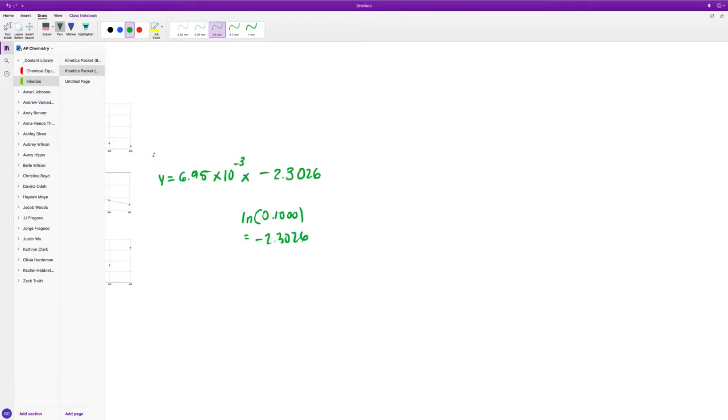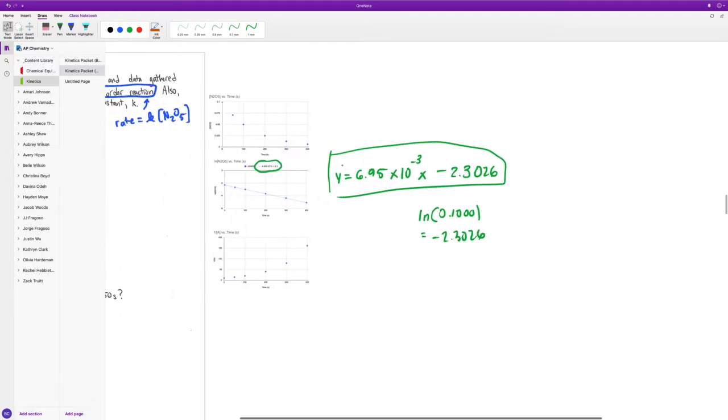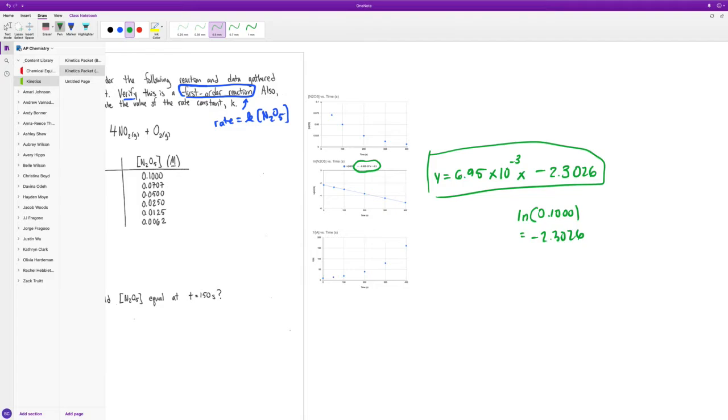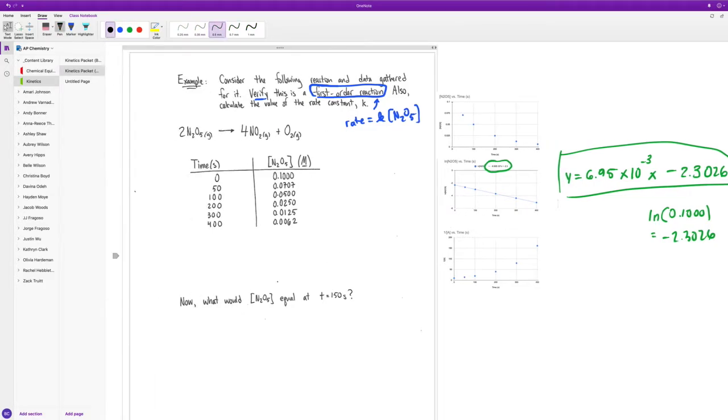Okay, now. So here's our equation. What is it that is on the y-axis? The y-axis is, of course, the natural logarithm of concentration. So the natural logarithm of N2O5 concentration is on the y-axis. Then we've got negative k.